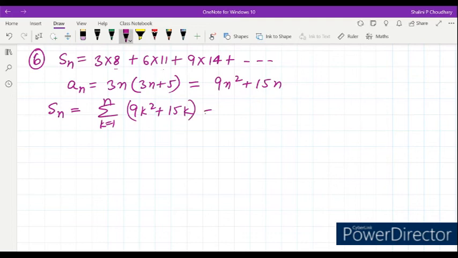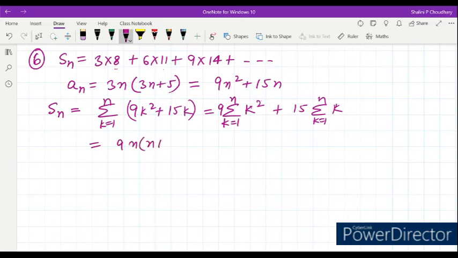Okay, so this will be equal to 9 times summation of k equals 1 to n of k square, plus 15 times summation of k equals 1 to n of k. Okay, so now we'll write down the values. What will the value be? 9 multiplied by n into n plus 1 and 2n plus 1 divided by 6.